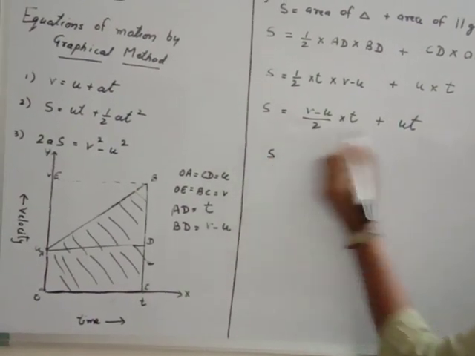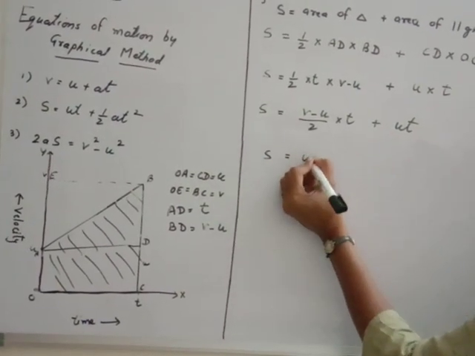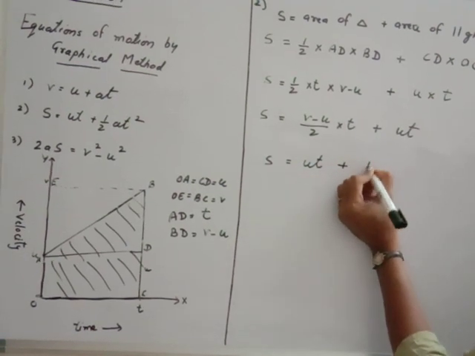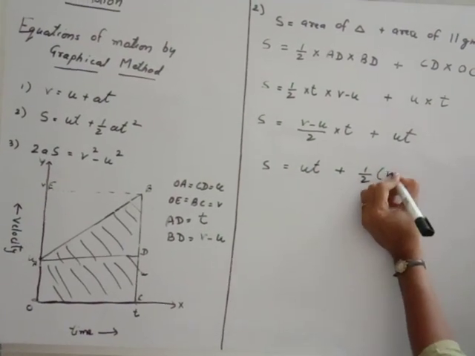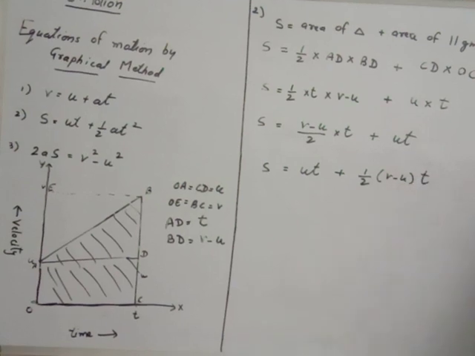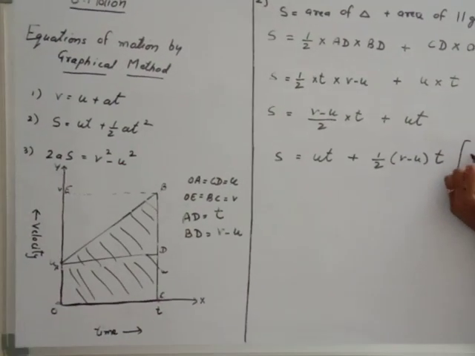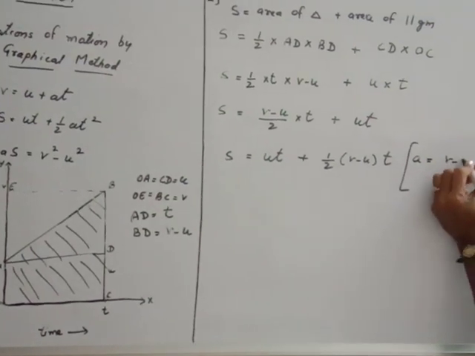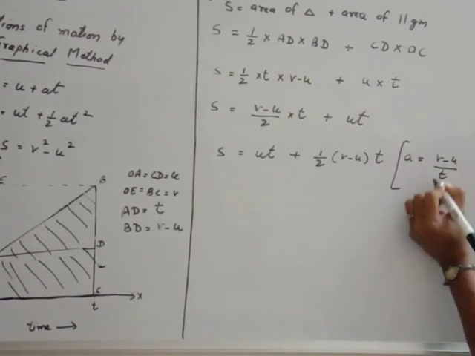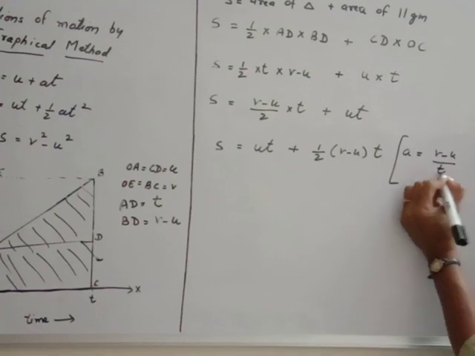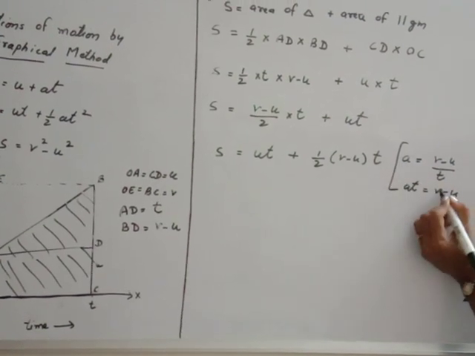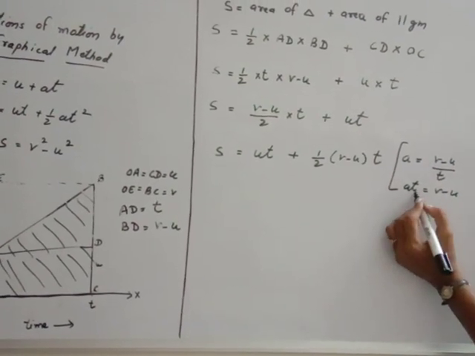So I'm writing this first: ut plus half v minus u into t. Now we know the first equation, a equal to v minus u by t. So in place of v minus u by t, this t comes here. So it becomes at. So in place of v minus u, I can write at.